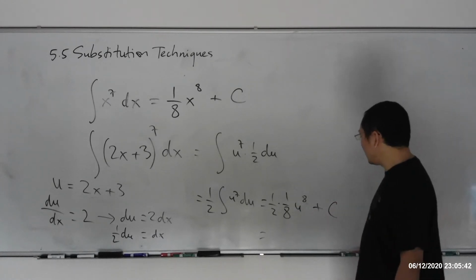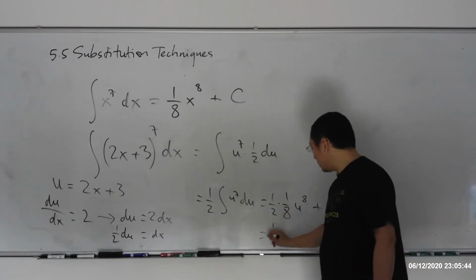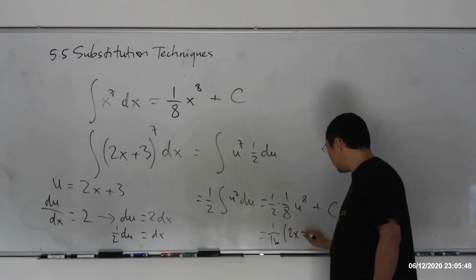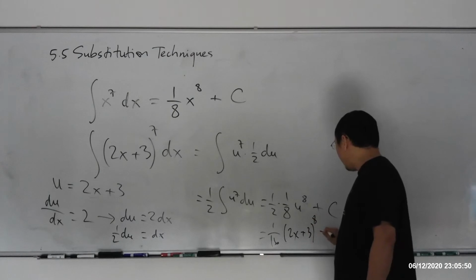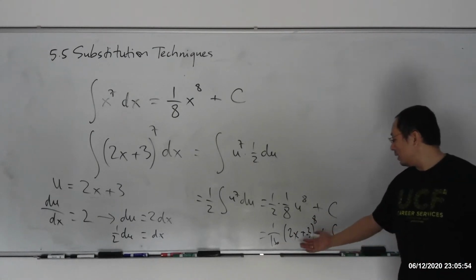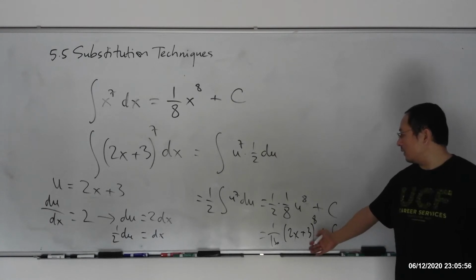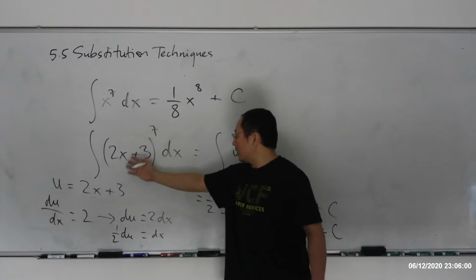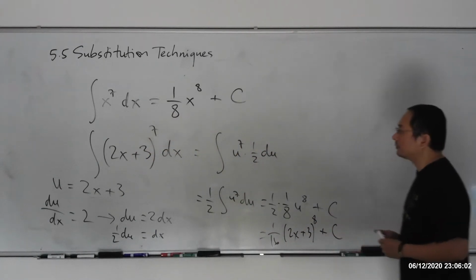We have to bring it back to x. Simplify this a little, it's 1 over 16, and u to the 8 is 2x plus 3 to the 8, and then plus c. That will be our answer. And I guarantee that if you differentiate, if you take the derivative of this big F right here, you're going to come back to 2x plus 3 all to the 7.